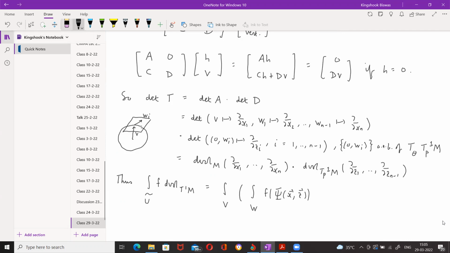So psi of x, z, I can write it in the form P of x and v of x, z.